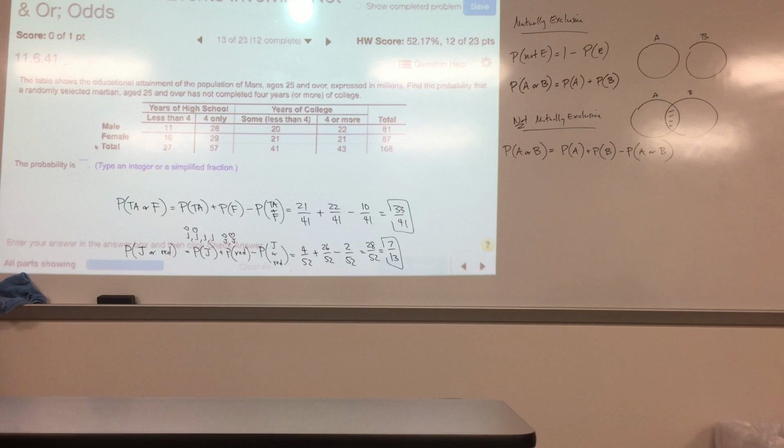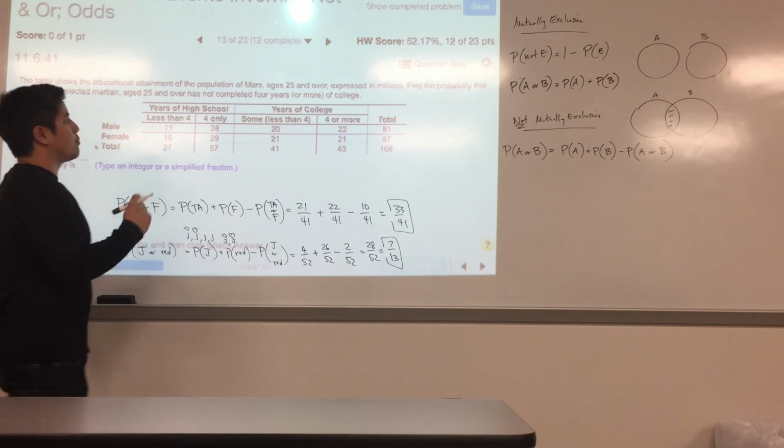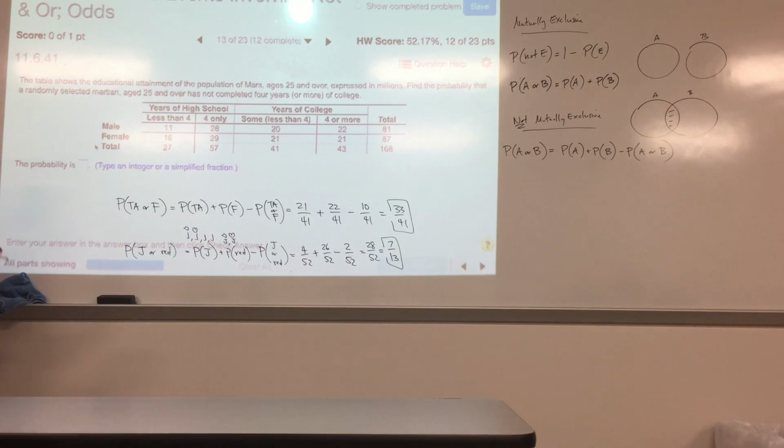The table shows the educational attainment of the population of Mars, ages 25 and over, expressed in millions. Okay. Find the probability that a randomly selected Martian, aged 25 and over, has not completed 4 years or more of college. Has not completed 4 years or more of college.